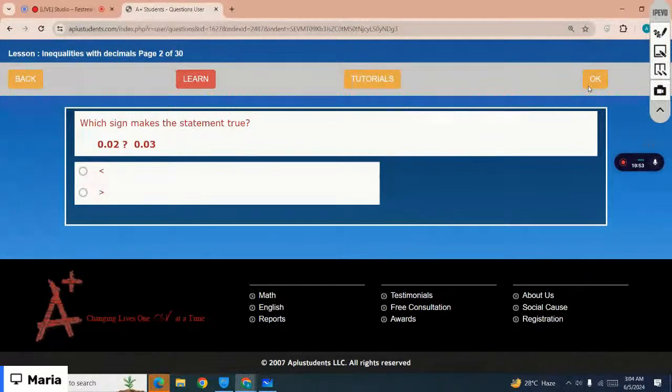Which sign makes the statement true? 0.02 and 0.03, which is the correct option? Is 0.02 less than 0.03. The correct option is less. Option number 1 is the correct option.